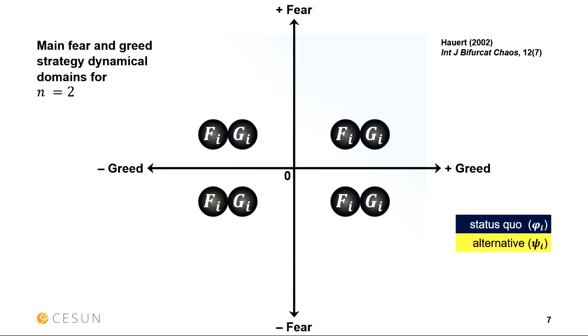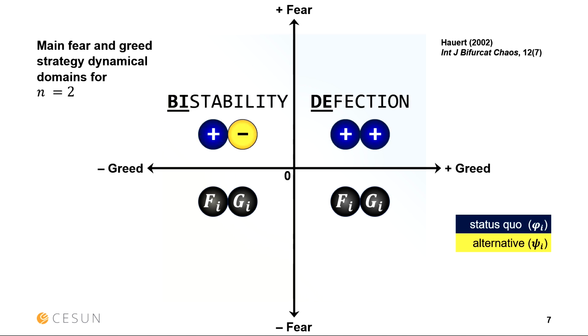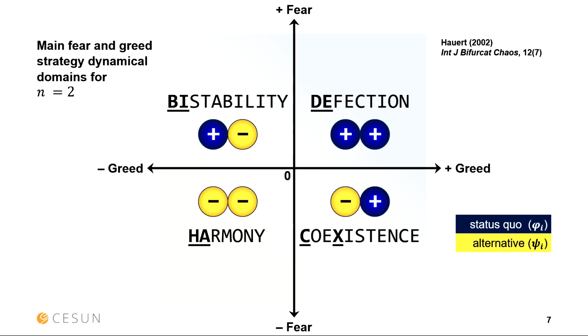These are the quadrants on a rectangular coordinate system with fear along the vertical axis and greed along the horizontal axis. Counterclockwise, starting from the top right, we have defection, then we have biostability, harmony, and finally coexistence.